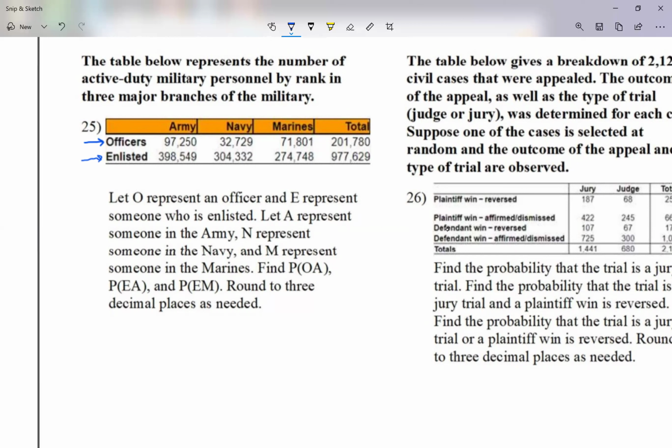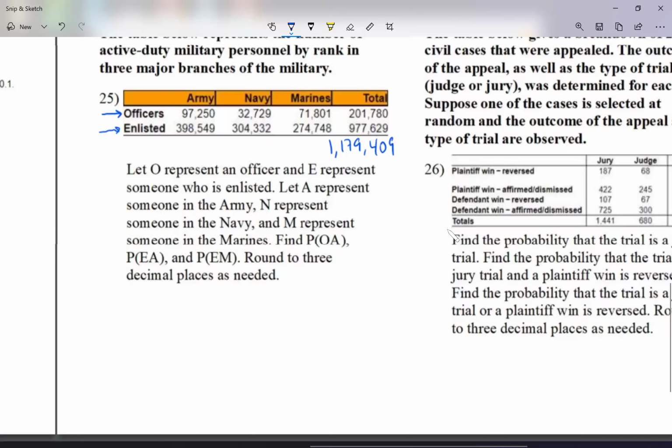So I add 201,780 plus 977,629, and I'm going to get 1,179,409. Again, I added all my totals. So where it says we're going to let O represent an officer and E represent someone who is enlisted.